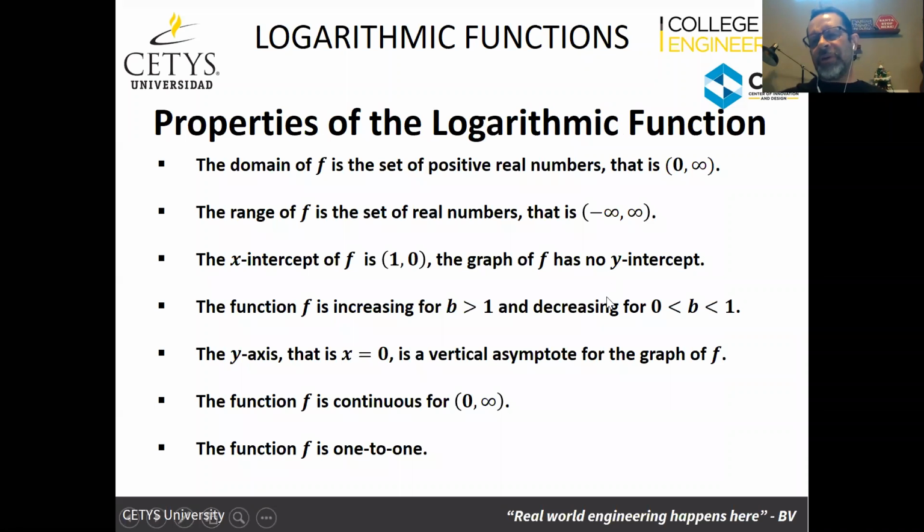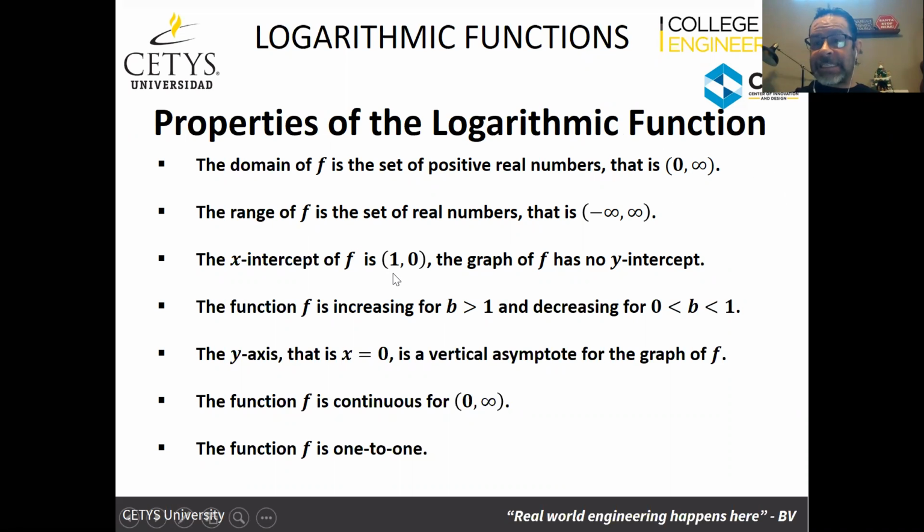Okay, and so logarithms also have properties similar to the exponential function. Remember that when we're talking about inverse functions, the domain and the range get switched. So for an exponential function, the domain was from -infinity to infinity, and the range was from 0 to infinity. For the logarithm, it's going to be the other way around. The domain is going to be from 0 to infinity, and the range is going to be from -infinity to infinity.